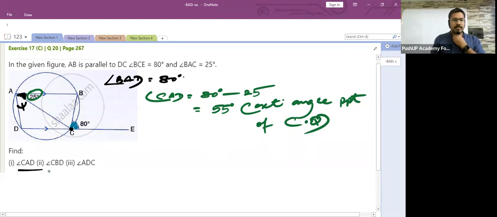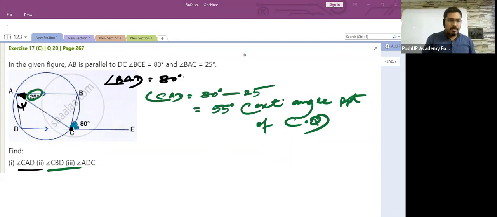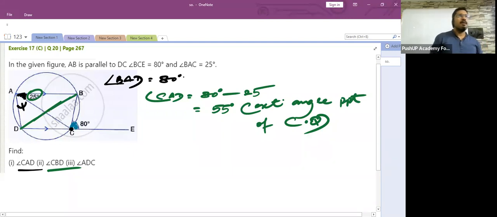Second point, angle CBD. For CBD, I think you need to draw a line segment from D to B. How will you find angle CBD? Very simple. How much did you get for angle CAD? 55.